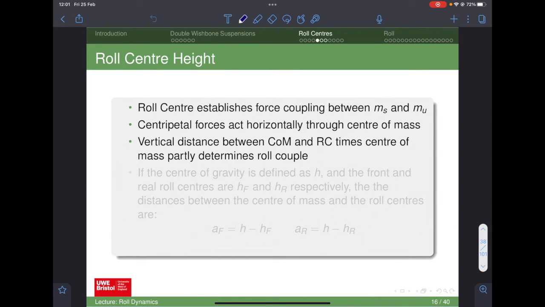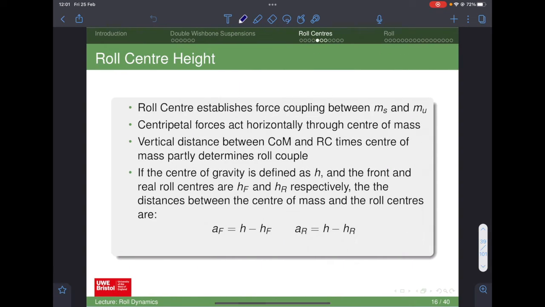If the height of the centre of gravity is defined as h, and the front and rear roll centres are hf and hr respectively, then the distances between the centre of mass and the roll centres at the front and back are af and ar.